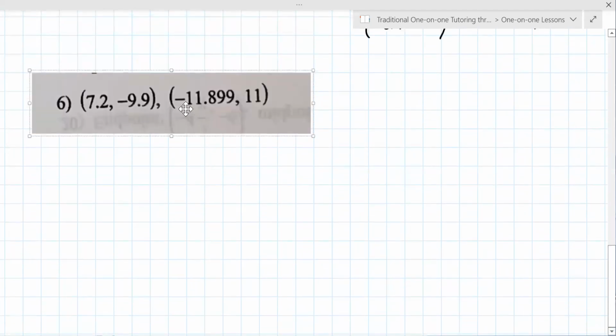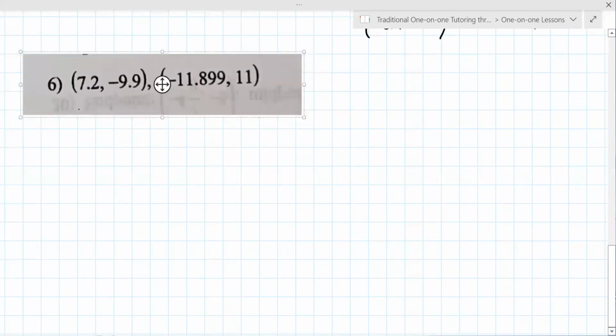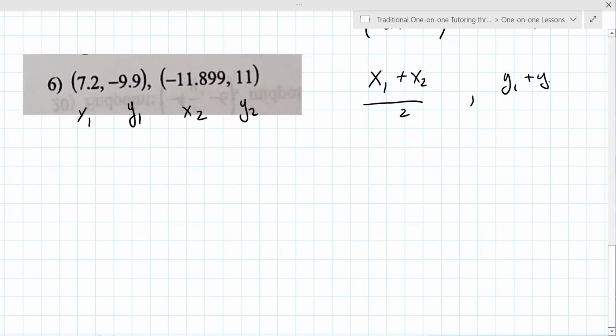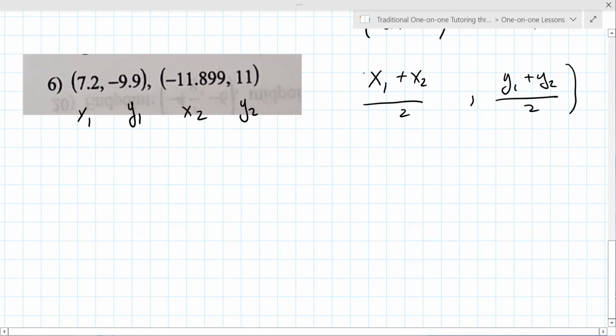All right, so I would recommend labeling them X1, Y1, X2, and Y2. So our formula here is X1 plus X2 over 2, Y1 plus Y2 over 2, like this.